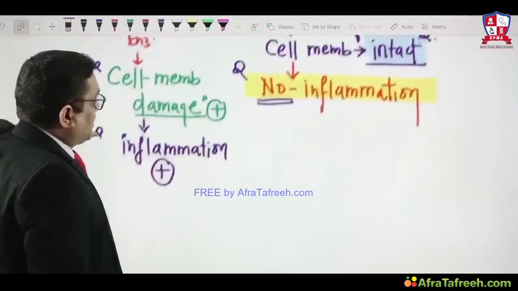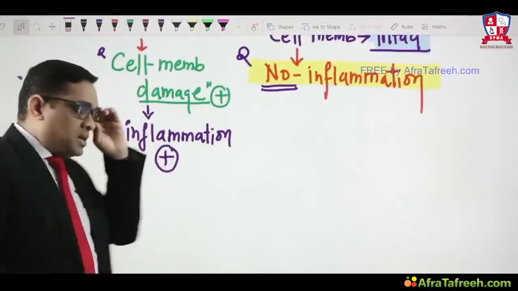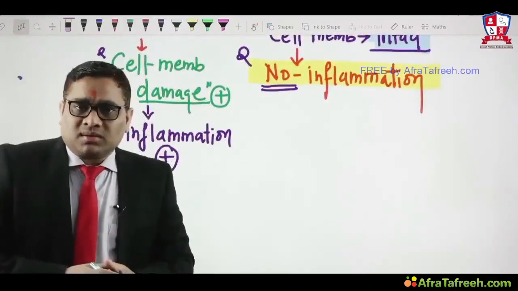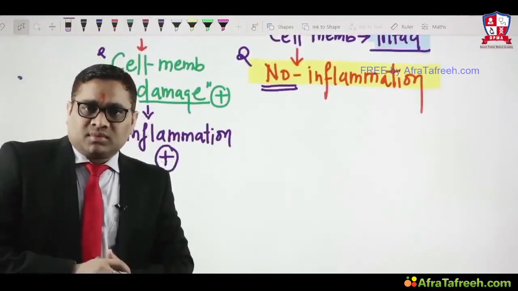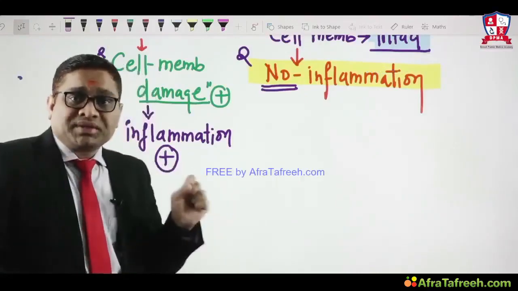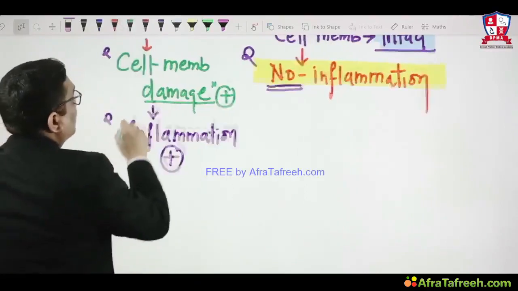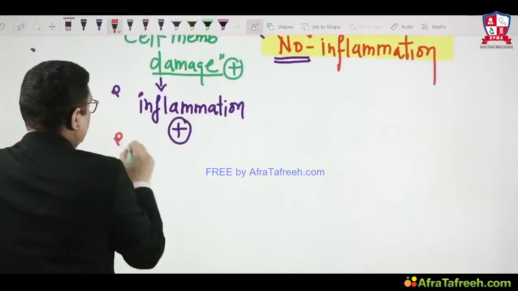The last point is about necrosis: is it pathological or physiological or both? The answer is that necrosis is always pathological. This point also we have to keep in mind. Necrosis is always pathological.